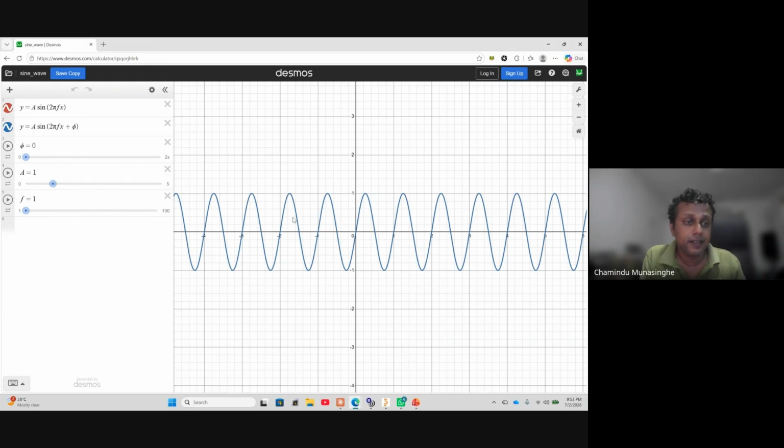So now here I have two expressions, y equals A sine(2πfx), right? So here, this is my x-axis and this is my y-axis. I assume that everybody here has a bit of an understanding of Cartesian geometry, what a graph is. If anybody needs some clarification, don't be ashamed. Even for me, it's been a long time since I studied this, right?